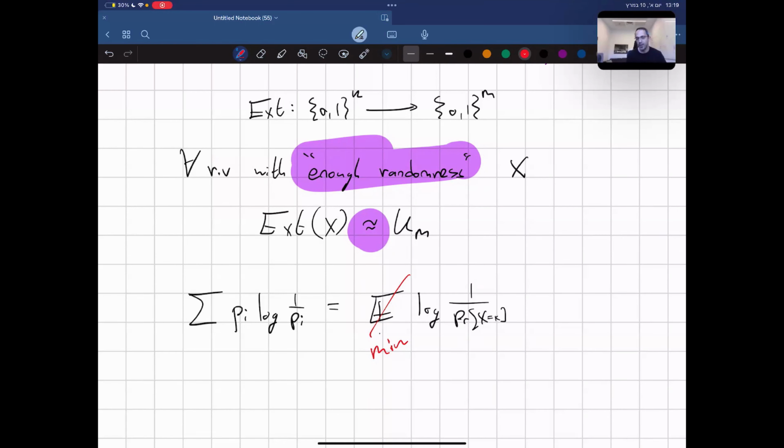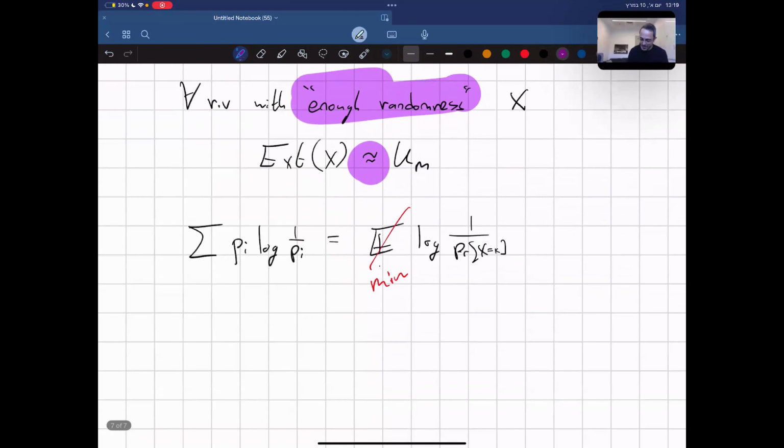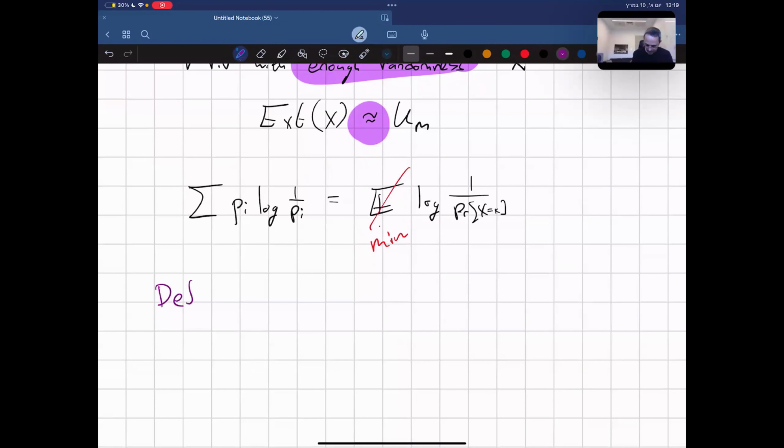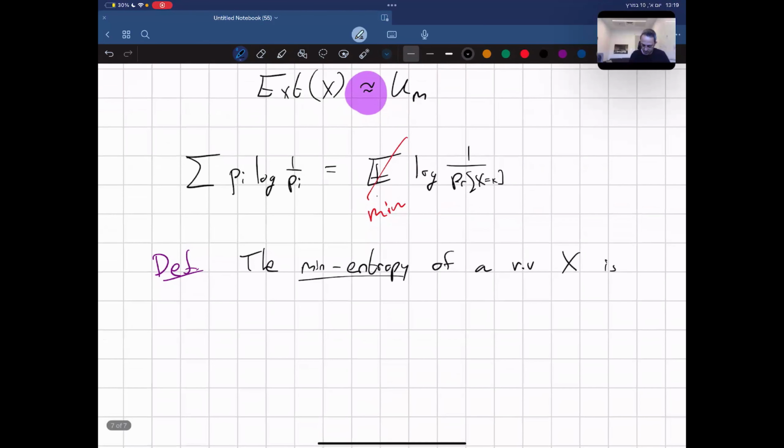Okay. So let me define that. The min-entropy, that's the name for it. The min-entropy of a distribution or a random variable X is exactly what we said.